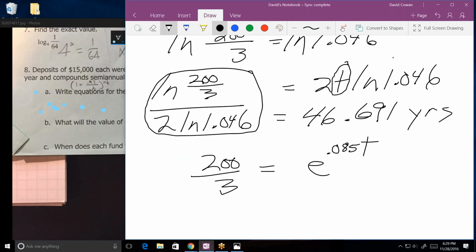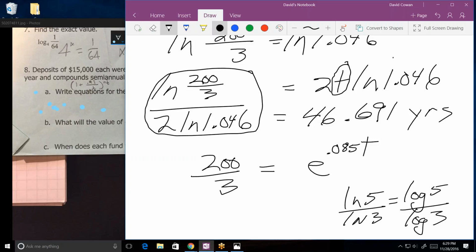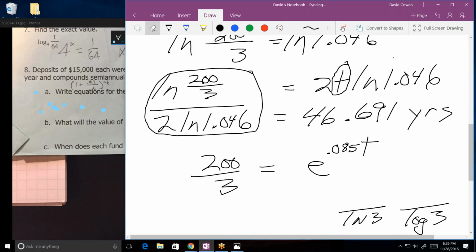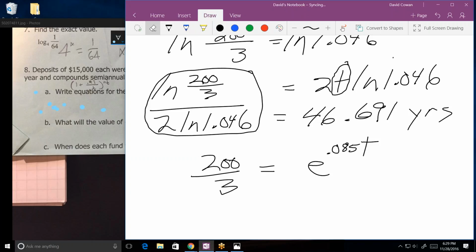This is what I'm saying: the log of 5 divided by the log of 3 is the same as the common log of 5 divided by the common log of 3. Does not matter the base. As long as the bases are the same, these ratios are always going to give you the same number. And that's why it doesn't really matter whether you use common log or natural log when you're solving these exponential equations.